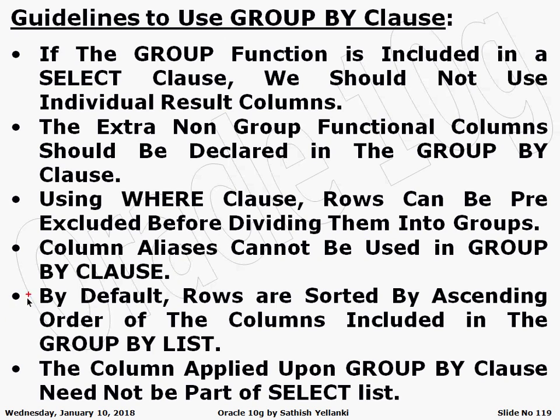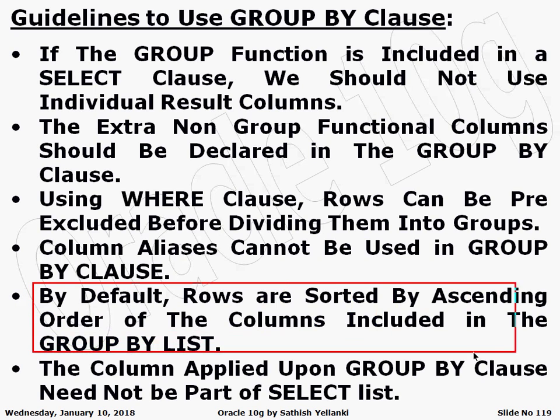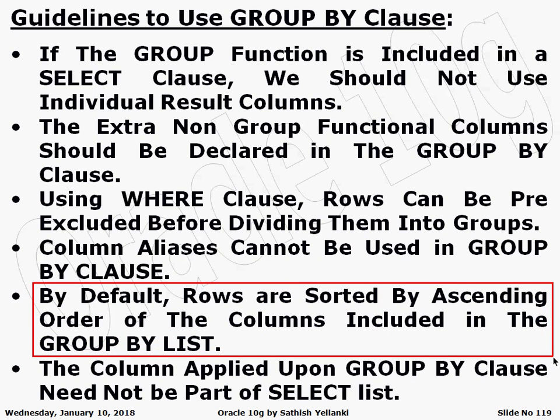Be very clear. Therefore, understand this point from what the documentation says. By default, rows are always sorted in ascending order of the columns included within the group by list. So the column applied in the group by clause, whenever you are implementing it, need not be part of the select list.